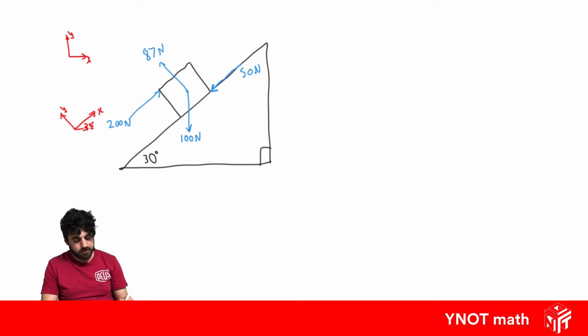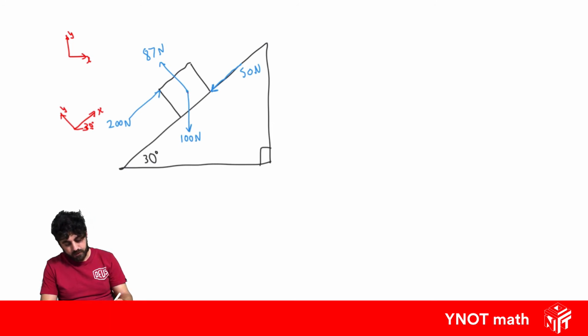The reason we want to do this is because this vector becomes parallel to the x-axis, this vector becomes parallel to the x-axis, and this vector becomes parallel to the y-axis. The only vector we'll need to split up in terms of its components is this 100 Newton vector. Whereas before we would have had to split up 3 vectors if we use this as our reference axis. So by turning the axis of reference, we're able to save ourselves a bit of work.